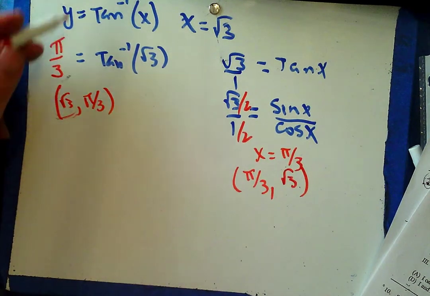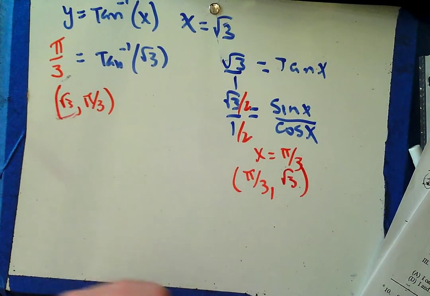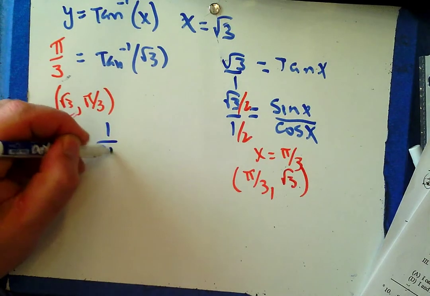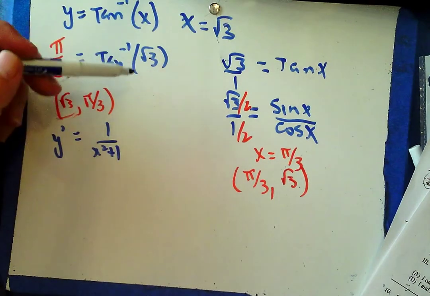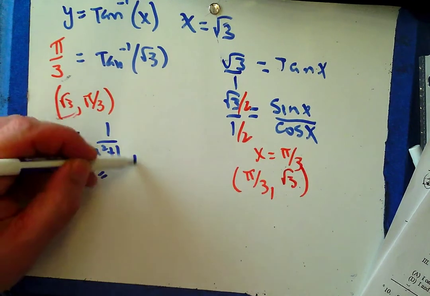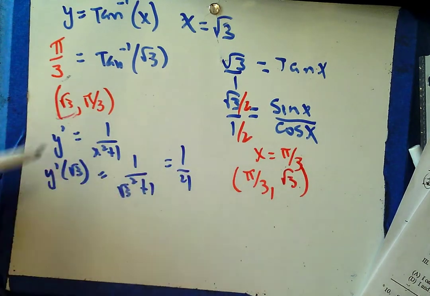So there's the point. The slope comes from taking the derivative here. So let's take the derivative of this and get 1 over x squared plus 1. Our x value is root 3. So y prime of root 3 is going to be 1 over root 3 squared plus 1, which is 1/4.